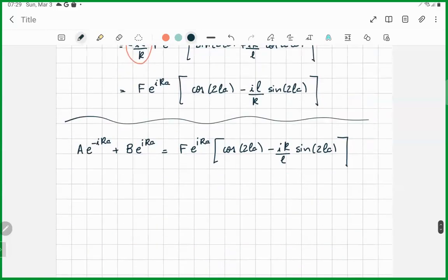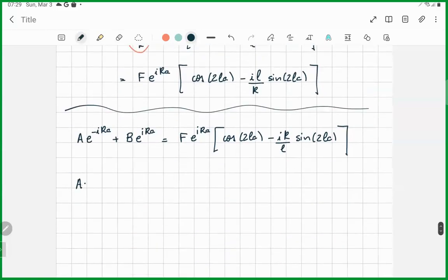So this is going to be A exponential of minus IKA. Now comes the minus sign. It is excellent that this minus sign is already appearing because we want to get rid of this B term.